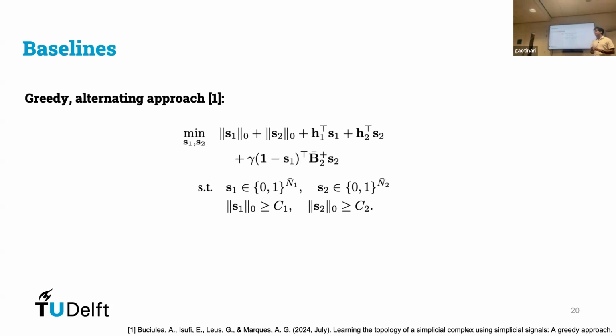So this basically means that for edges, you have a smoothness cost plus a penalty if it is belonging to a triangle that exists, but it is not selected, right? And conversely, for triangles, you have a cost with H2, but you also have a cost if that triangle exists, but the edges don't, right? And they solve it greedily, which means that they first select C1 edges, and they select C2 triangles, and so on.